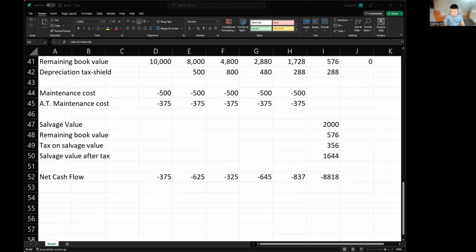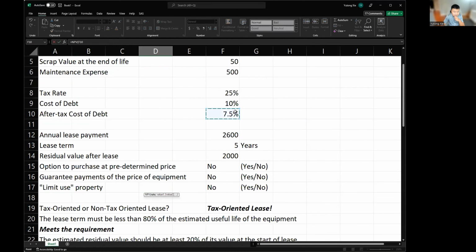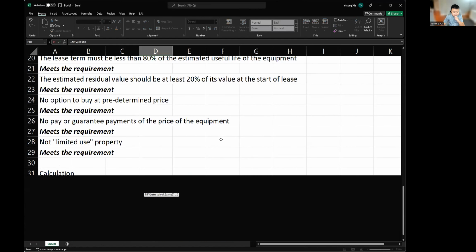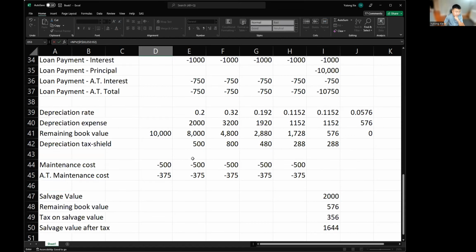Okay. And then I just need to calculate the present value, the value of borrow and buy. So it's going to be the NPV. I'm going to use the NPV function. The after-tax cost of debt is the discount rate, and for the values we're going to select these. That is, we're selecting the cash flows from year 1 and beyond.